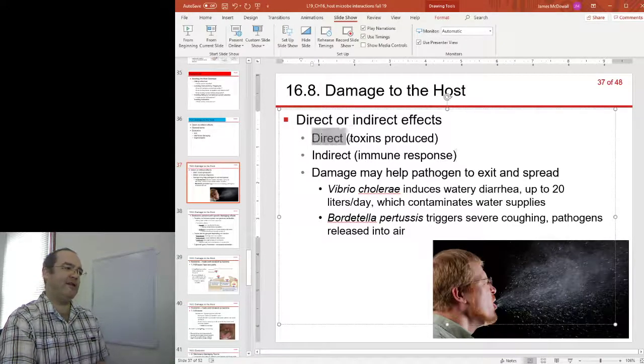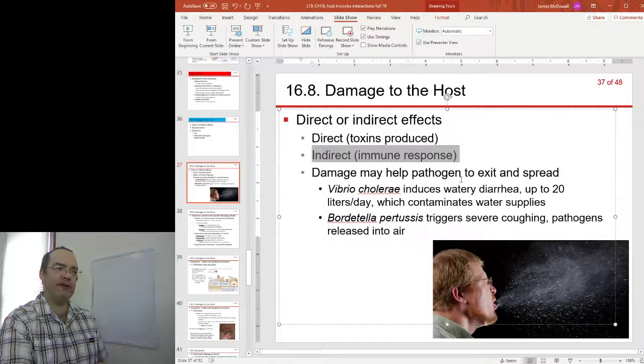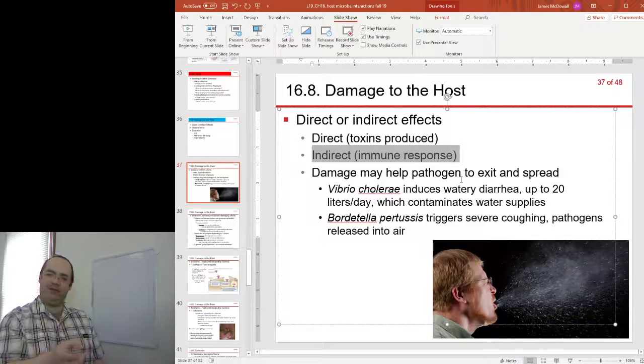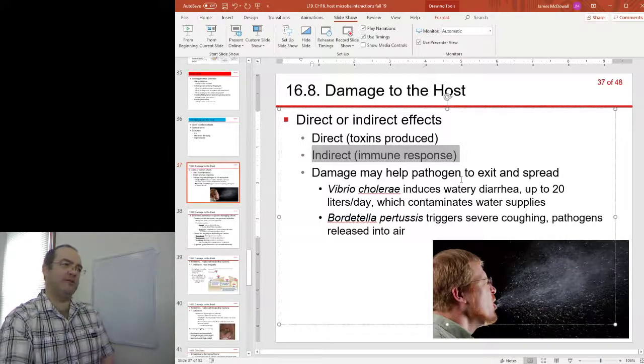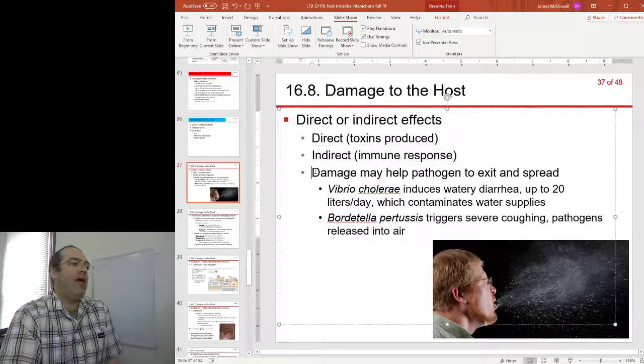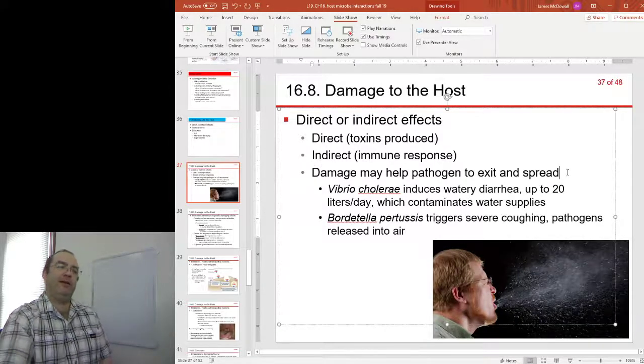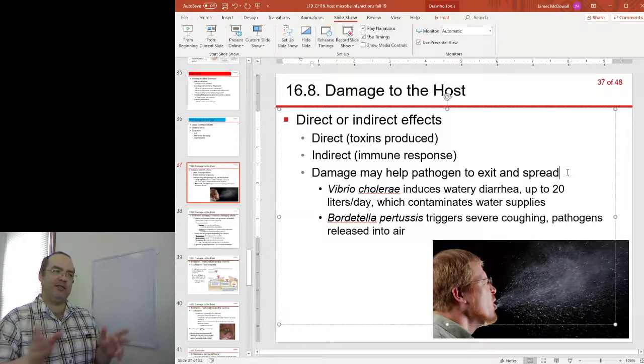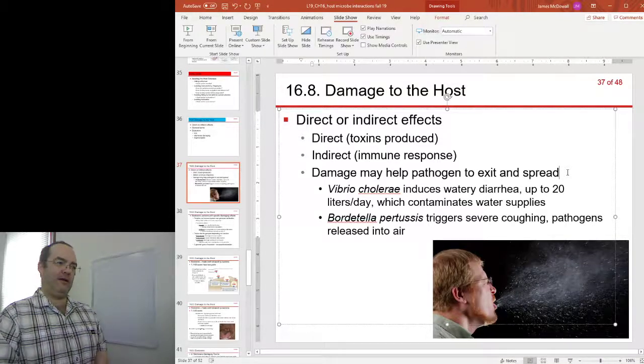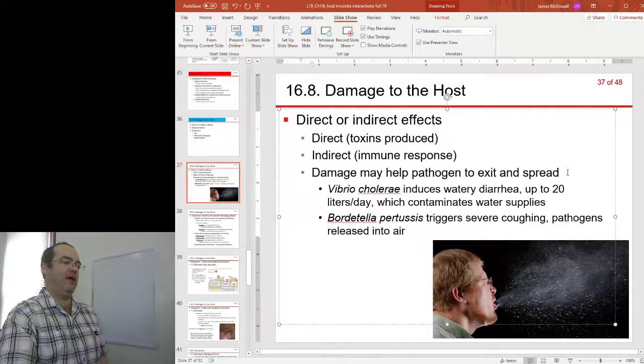So we can have direct effects of the toxin or indirect effects, where it's not the bacteria's fault, it's our own immune response. And also the idea that this damage is to allow the pathogen to spread. Not quite that simple, but it's certainly an idea we can move forward with.